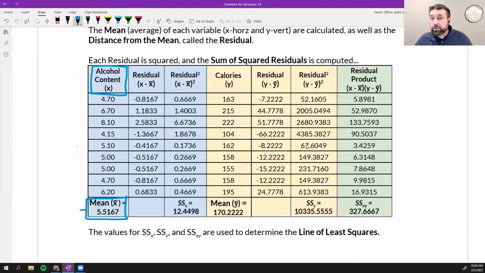Then you find something called the residual, which is the difference from the mean. So you take 4.7. Here is 4.7. And you're going to say, how far away from the mean is 4.7? The mean is 5.5. The data point is 4.7.